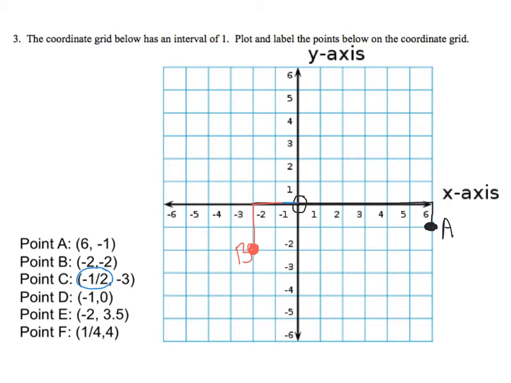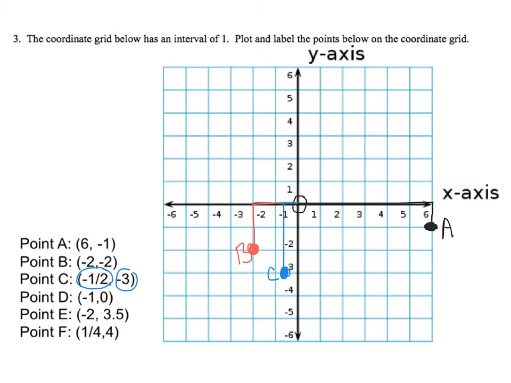The y-coordinate is a -3, so that's going to bring me vertically down to a -3. Notice I'm staying halfway between 0 and -1 the whole time. Once I get to -3, I'm going to make a point, and I'm going to label that point C.